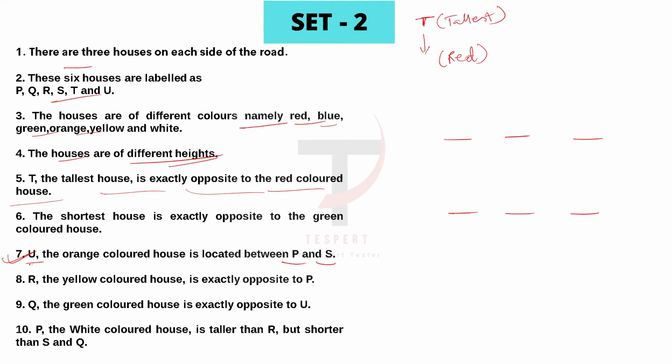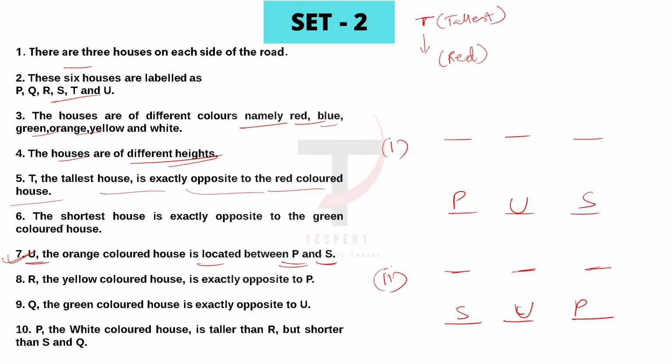Here it is given U is located between P and S. It can also be like this. See, U is here, anyway it is fixed. It can also be S and P. Both are the same cases. So we have 2 cases, case 1 and case 2. The first one is PUS and the second one is SUP.